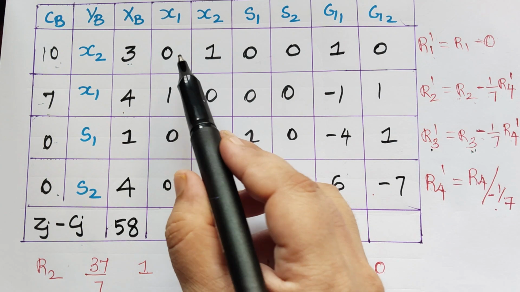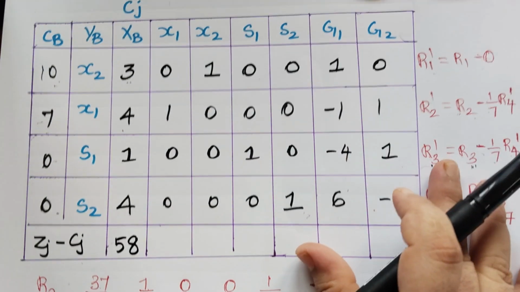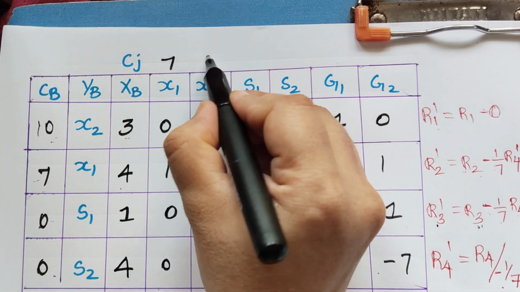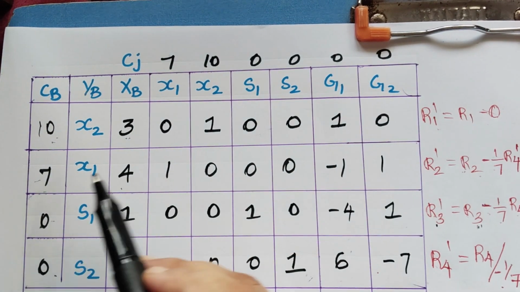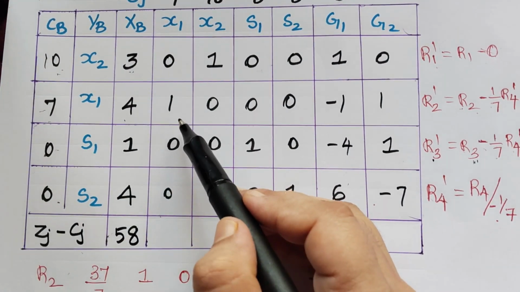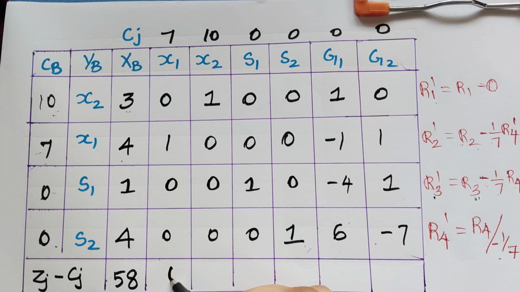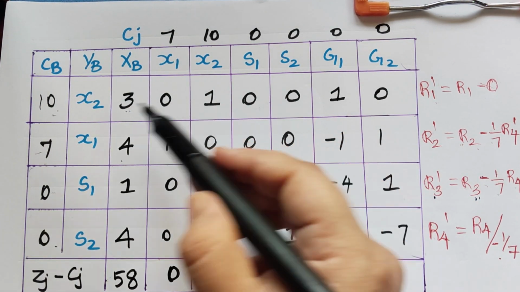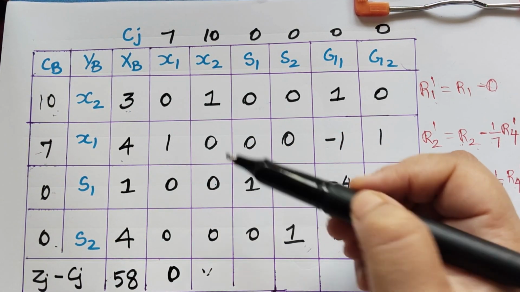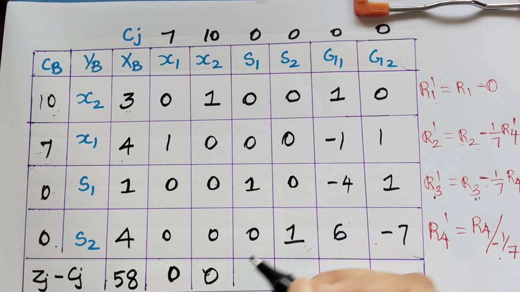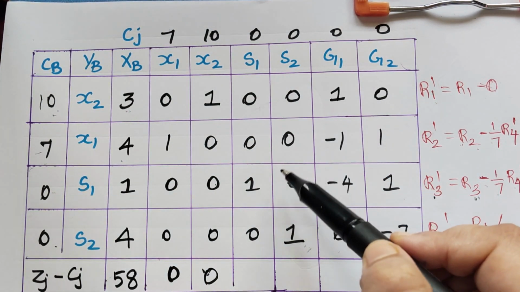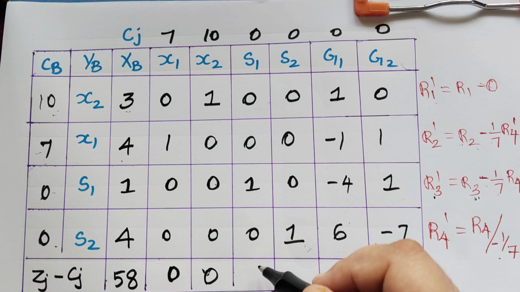And here we have to write these values: 7, 10, 0, 0, 0, 0. Okay. So now 7 into 1 alone we have here. So 7 minus 7, this will be 0. And here we have 10 alone, because all these are 0. 10 into 1 alone we have. So 10 minus 10, it will be 0 over here. And here 0, 0, 0, and this is also 0. So this row, if you see, is completely 0.